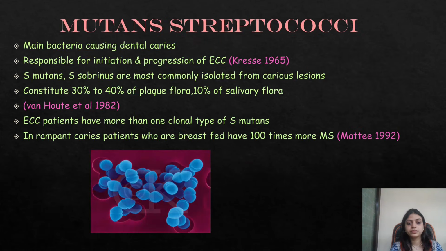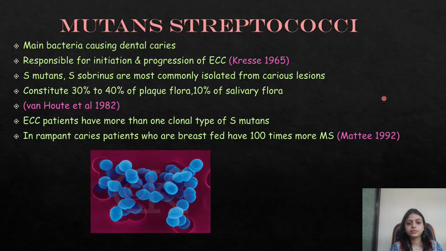So mutans streptococci are the main bacteria which cause dental caries. Streptococcus mutans is the name of the microorganism. Mutans streptococci comprise a group of streptococci which cause dental caries, which include Streptococcus mutans, Streptococcus sobrinus, Streptococcus salivarius, all those. Okay, so the main bacteria which cause dental caries is this. It is responsible for the initiation and progression of early childhood caries.